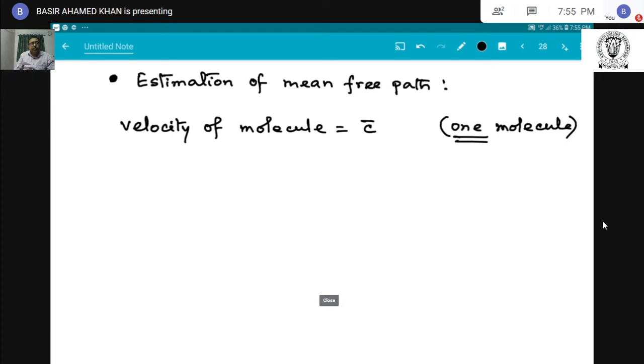Each molecule may be supposed to be a rigid sphere of diameter sigma.